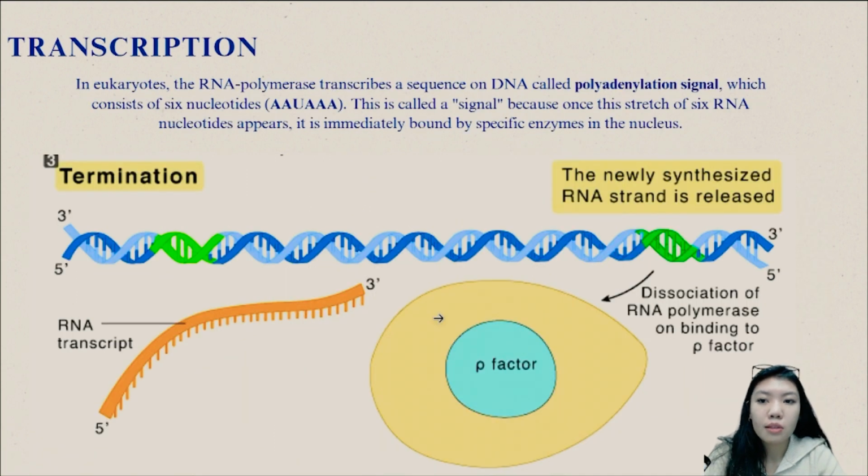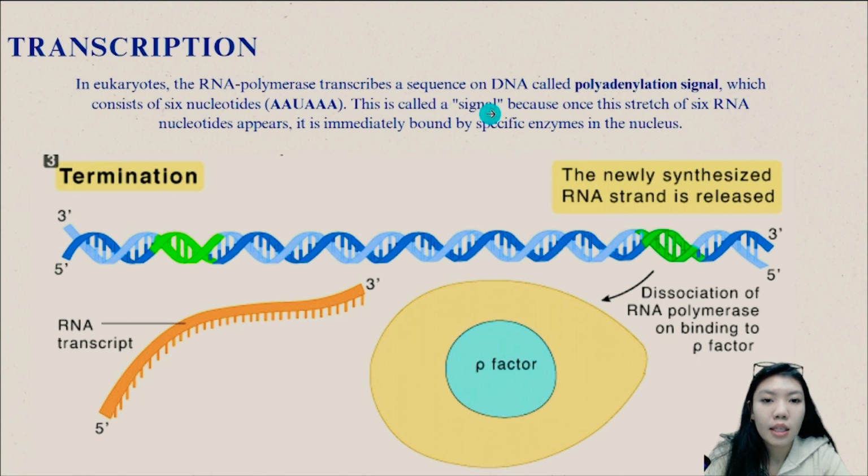The third one is termination. Termination means the end of this process. But in eukaryotes, RNA polymerase transcribes a sequence on DNA called the polyadenylation signal. The polyadenylation signal consists of 6 nucleotides: A, U, A, and 3 A's.